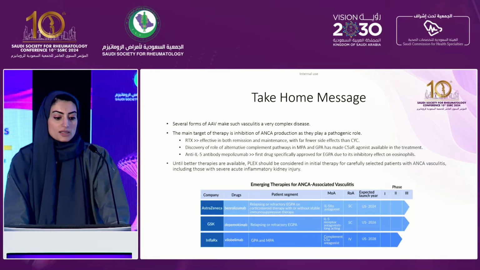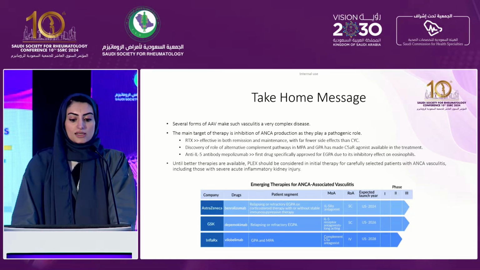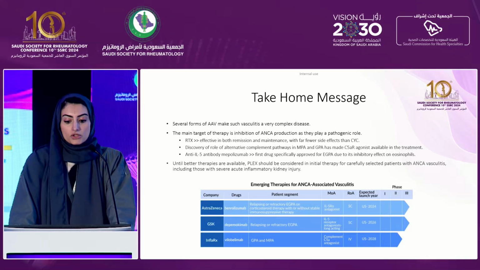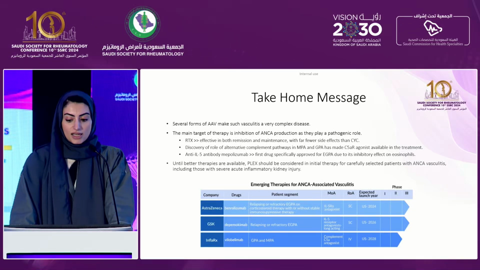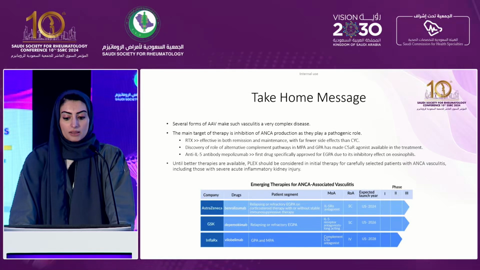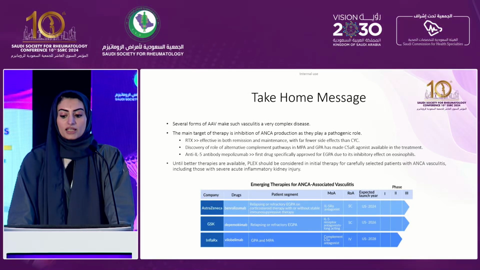So my take-home message: several forms of ANCA vasculitis make it a very complex disease. The main target of therapy is inhibition of ANCA production, as they play a pathogenic role. Rituximab is effective in both remission and maintenance, with far fewer side effects than cyclophosphamide. And the discovery of the role of the complement pathway in MPA and GPA has made avacopan available in the treatment.